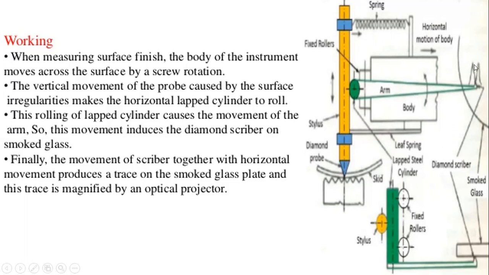And then finally, the movement of the scriber together with the horizontal movement produces a trace on the smoked glass plate. So these are the tracings of the diamond probe on the smoked glass, and this trace is magnified by an optical projector.